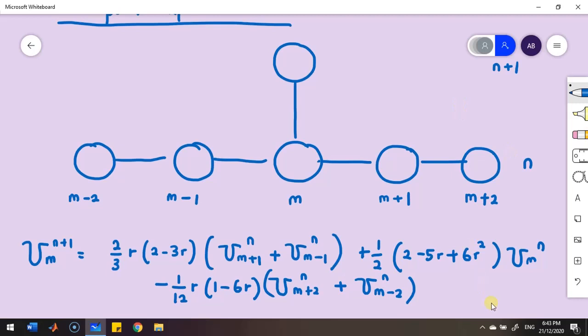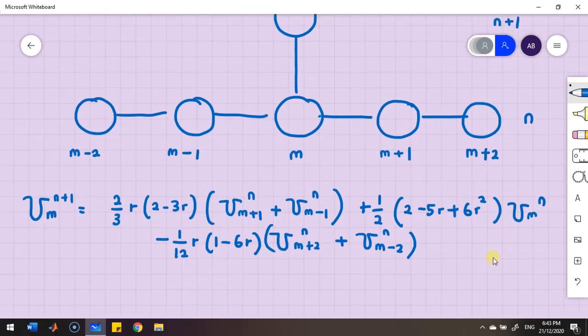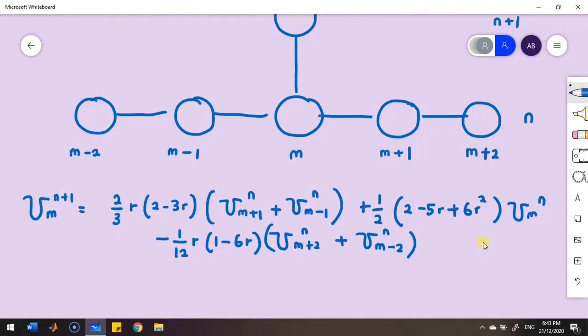This is my 6-point formula. Again, r equals k over h squared.